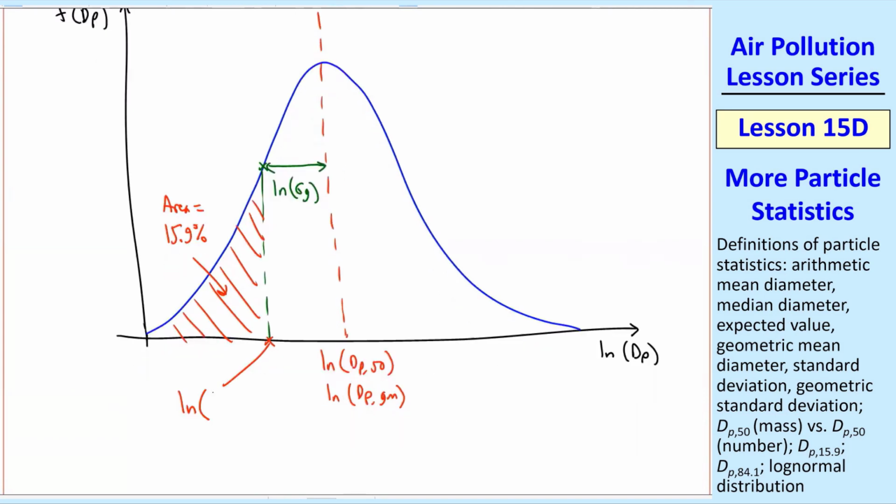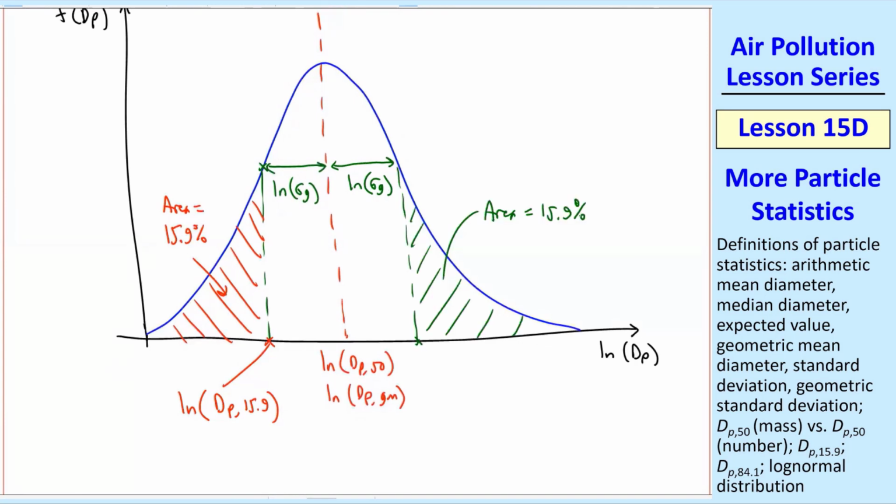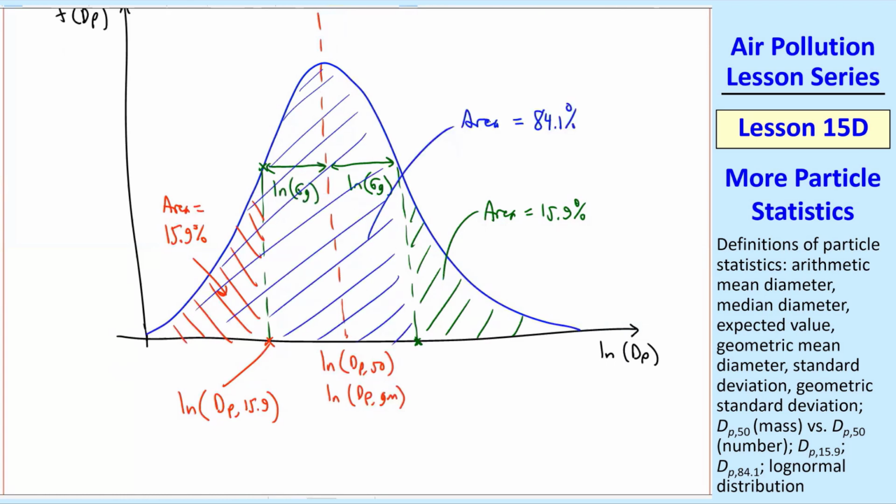That's why this point on the scale is natural log of dp 15.9. Similarly, if we go to the right, 1 geometric standard deviation from the middle, this area is also 15.9%, but the cumulative distribution function is the entire area up to that point. In other words, it's this entire area here, and that blue area is 84.1%. This location here is natural log of dp 84.1.